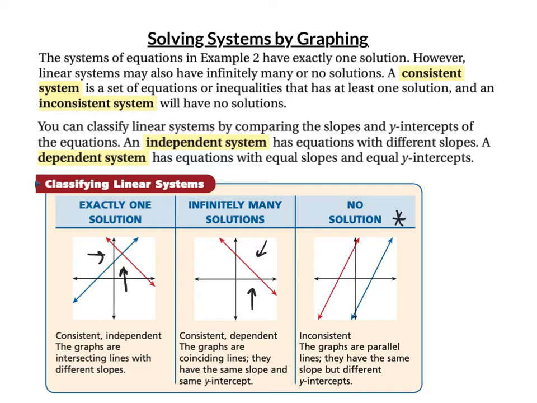There are infinitely many of them. And notice that it says they have equal slopes and equal y-intercepts, meaning they're the same equation. So independent means they have one unique answer, and dependent means that they have an infinite number of common answers because they're the same equation. No solution is neither independent nor dependent.